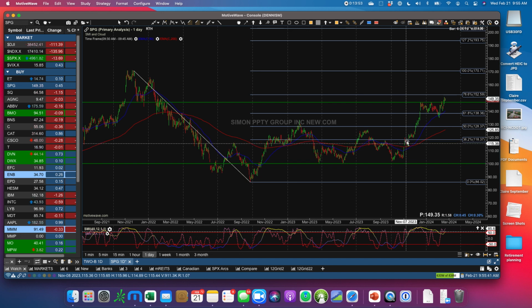Then where does it go from there? Churns around the 50%, breaks up to below the 61, but can't continue, so it comes down to the 61, goes back to its previous high, comes down below the 61, but it's supported by the 50. Now it's on its way to 78.6.